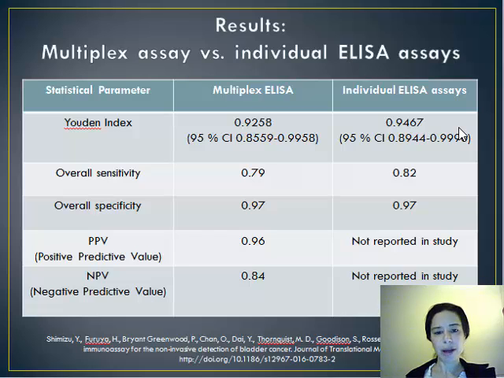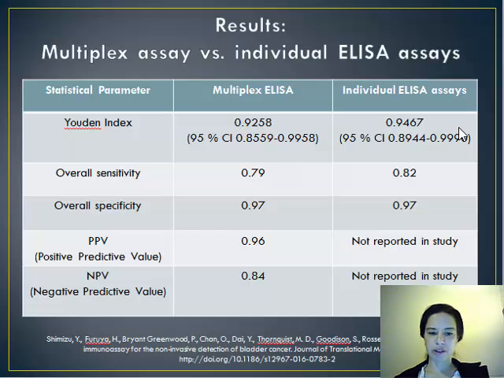And then the two components of the Youden index are the overall sensitivity and the overall specificity. And so again, we want both of these values to be close to 1, because if something is sensitive, then it's going to detect a positive that really is positive, and if it's specific, then it's not going to detect a false positive.